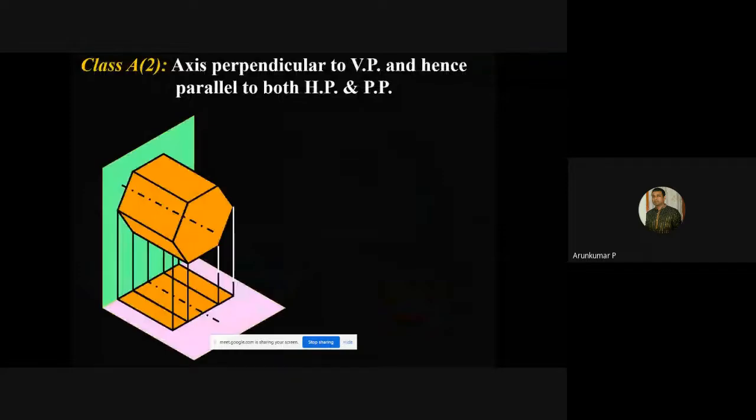Similarly, in the case of a solid whose base is on VP, you can see this hexagonal prism. It is resting on its base on the vertical plane. Now, if this happens, then in the front view you will see the hexagon. In the top view, you will be seeing the square or the rectangle.